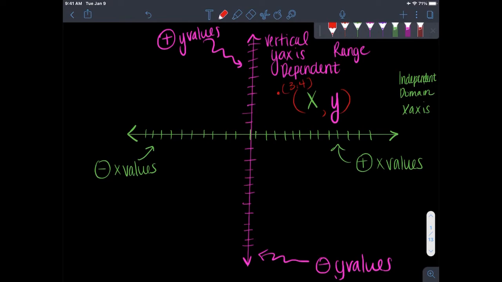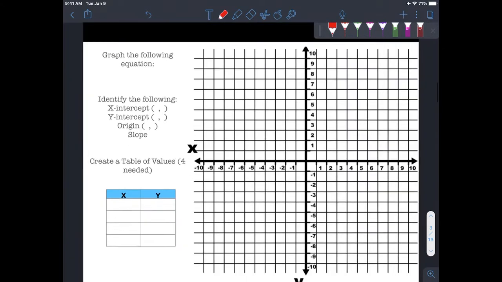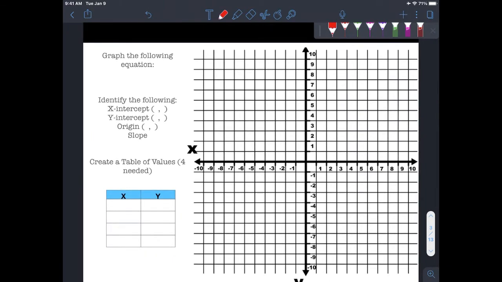There are a couple of special points that we have to concern ourselves with. Let's learn about that by taking a look at an example: y equals 1/3 x minus 4.